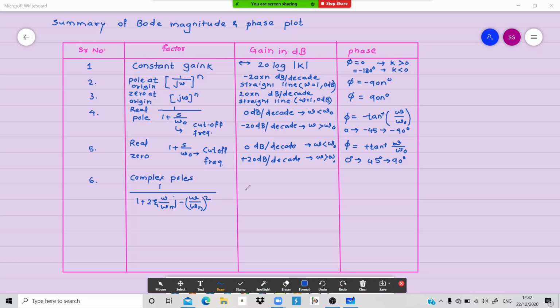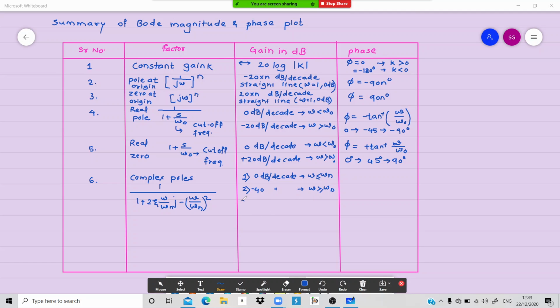What we observed: the first part was 0 dB per decade when omega was very much smaller than omega n. Then it becomes minus 40 dB instead of 20, minus 40 dB per decade, when omega was greater than omega n. Correct.